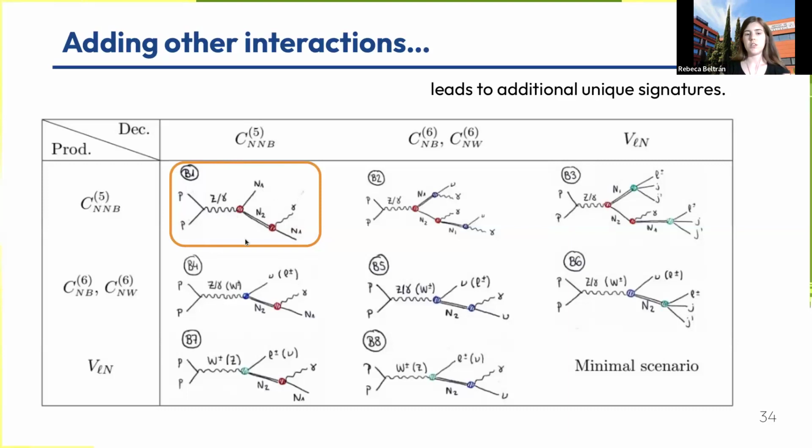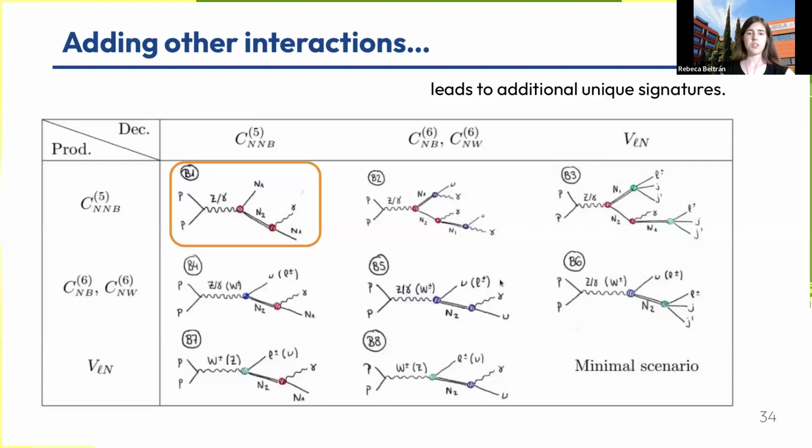For example, the scenario we just considered is this first one. In this second entry, we allow the lighter SRL neutrino to decay via this other operator. So the potential signature at colliders consists of 3 photons, which can potentially be non-pointing.